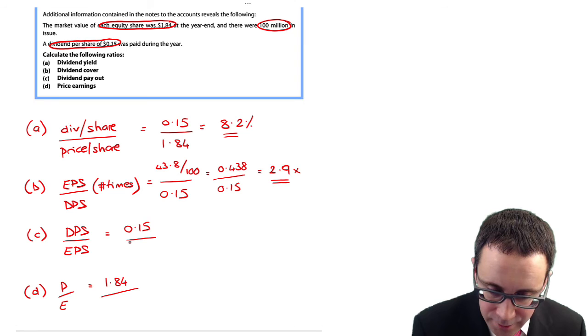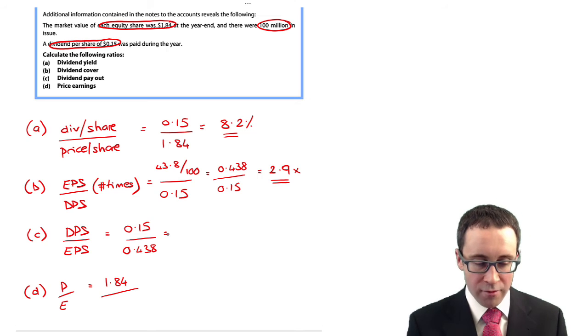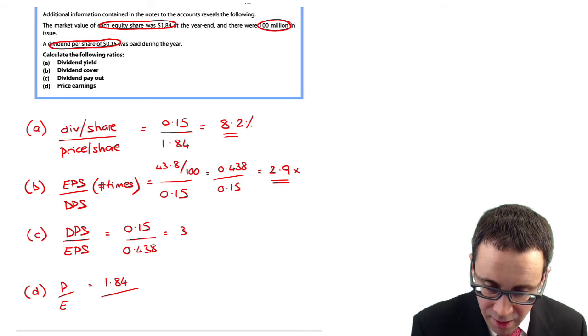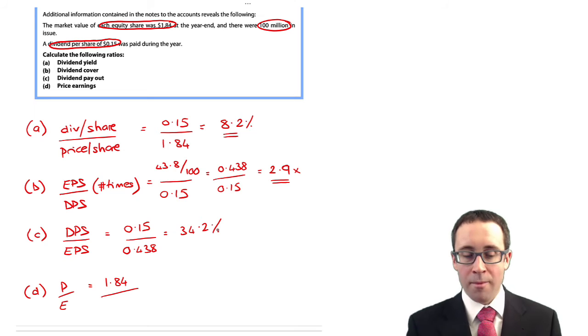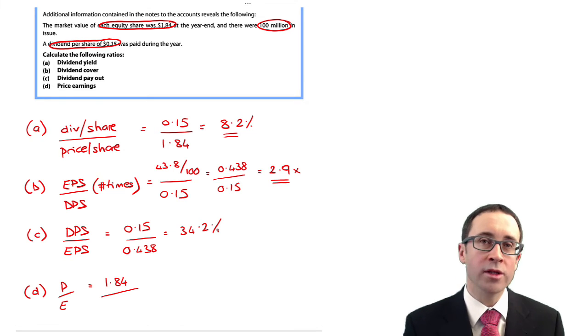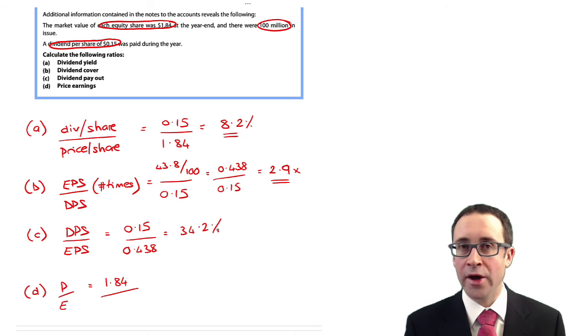And then your dividend payout ratio: 0.15 divided by 0.438 multiplied by 100% is 34.2%. So we are paying out 34.2% of our earnings.